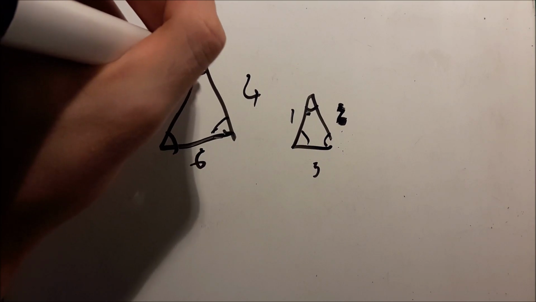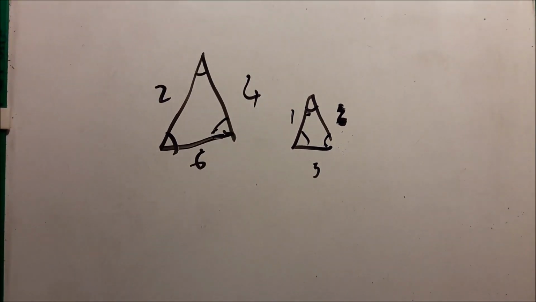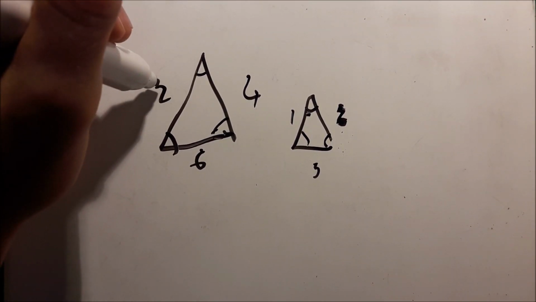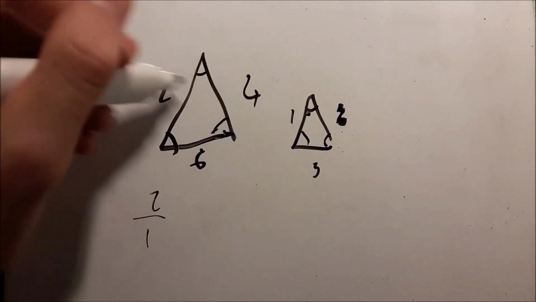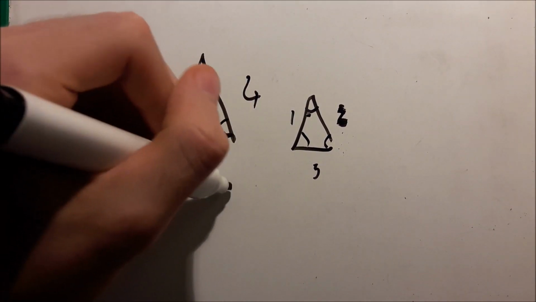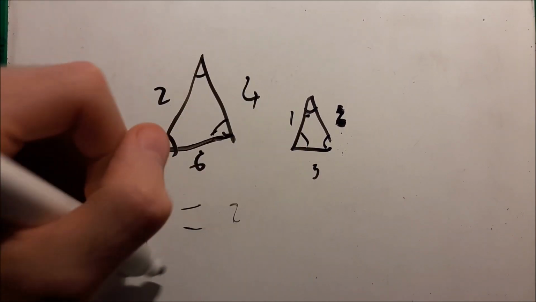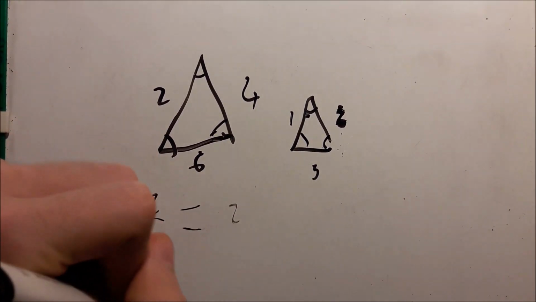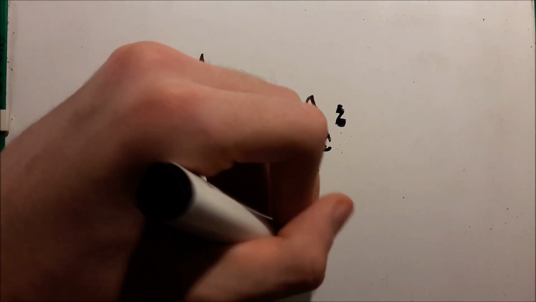So to prove that it's similar, you either prove the angles, by saying that they're given, or you work out the angles. Or what you can do is say, okay, you have 2 over 1, so these 2 corresponding sides give 2, and then 4 over 2 is equal to 2, and 6 over 3 is equal to 2.